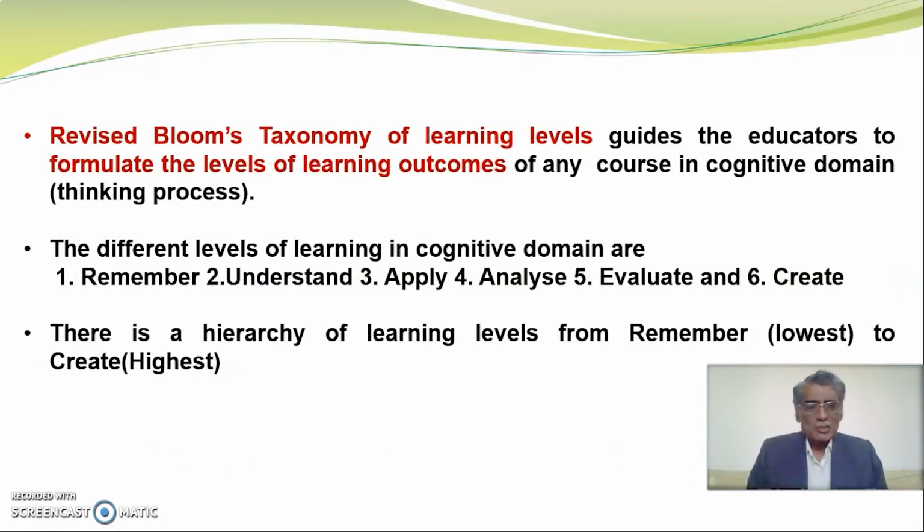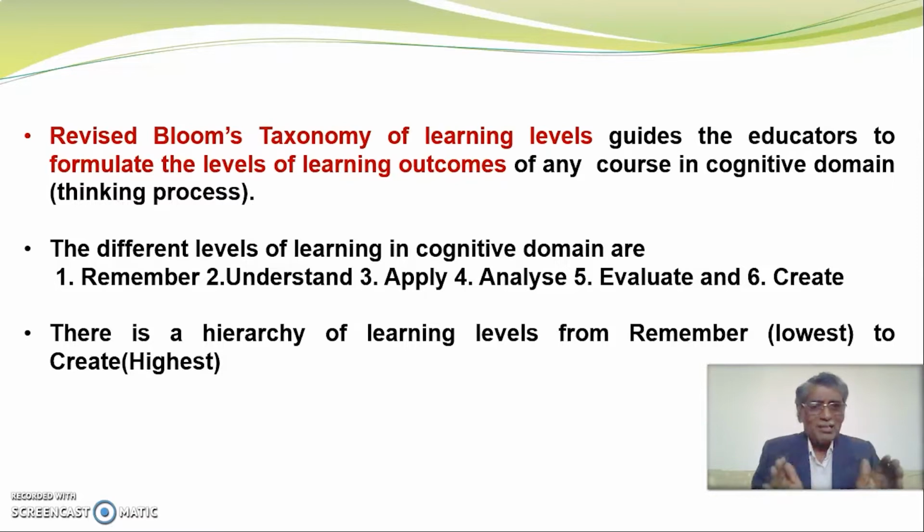Revised Bloom's taxonomy of learning levels guides the educators to formulate the levels of learning outcomes of any course in cognitive domain, that means thinking process. The different levels of learning in cognitive domain are remember, understand, apply, analyze, evaluate and create.